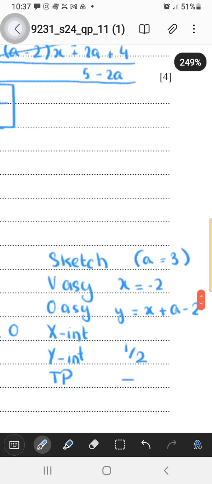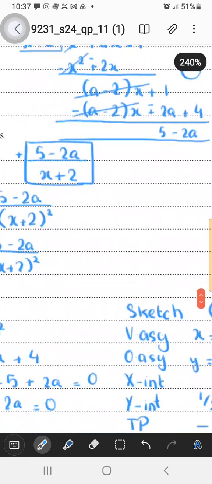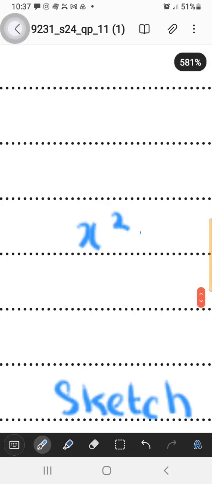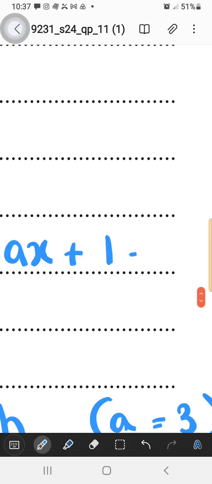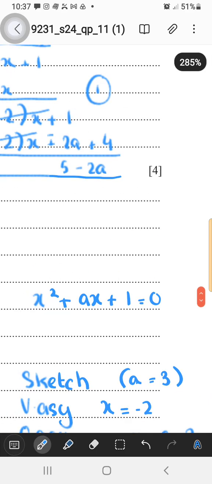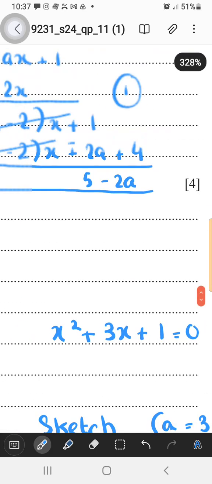So now we can find out x-intercept. This is x square plus ax plus 1. x square plus ax plus 1 equal to 0. Let's write 3 instead of a. Now use the quadratic formula, or you can use your calculator and find out what x will be.